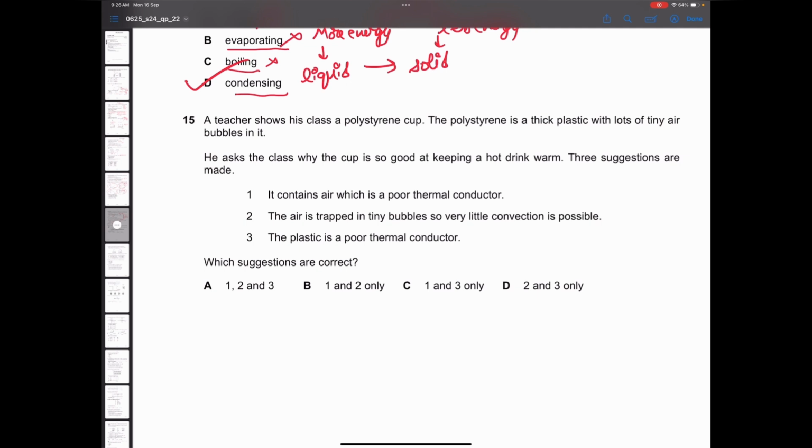Three suggestions are made. It contains air, which is a poor thermal conductor. Correct. Air traps the convection currents, so air is trapped in tiny bubbles, and very little convection is possible. This is correct. Plastic itself is a poor thermal conductor. Correct. So the answers will be 1, 2 and 3.